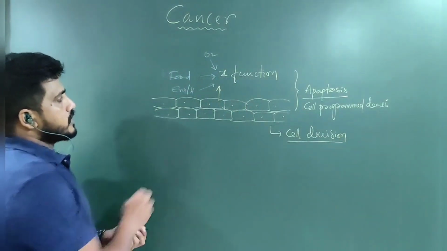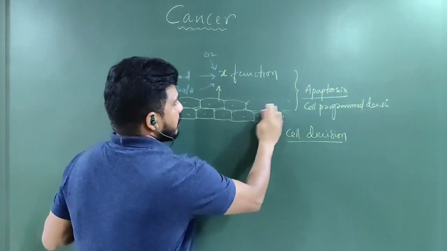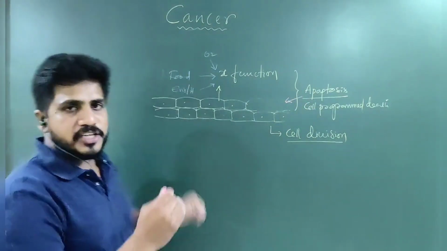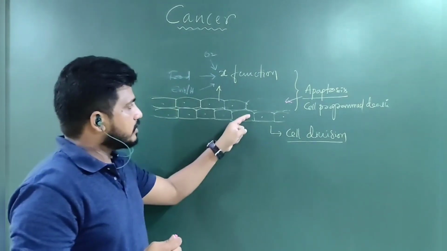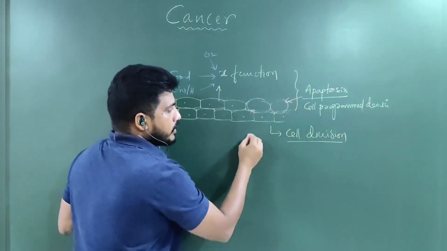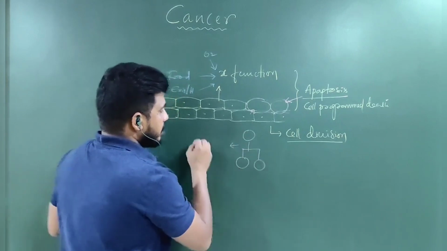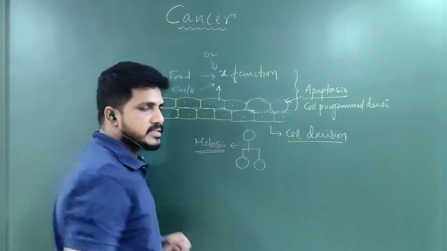How does the cell divide? Suppose in these 13, two cells die under apoptosis, then the function comes down. But it shouldn't happen in our body, because the nearest cell will divide and replace these two. How does one cell divide and give two cells? By mitosis. Understand?